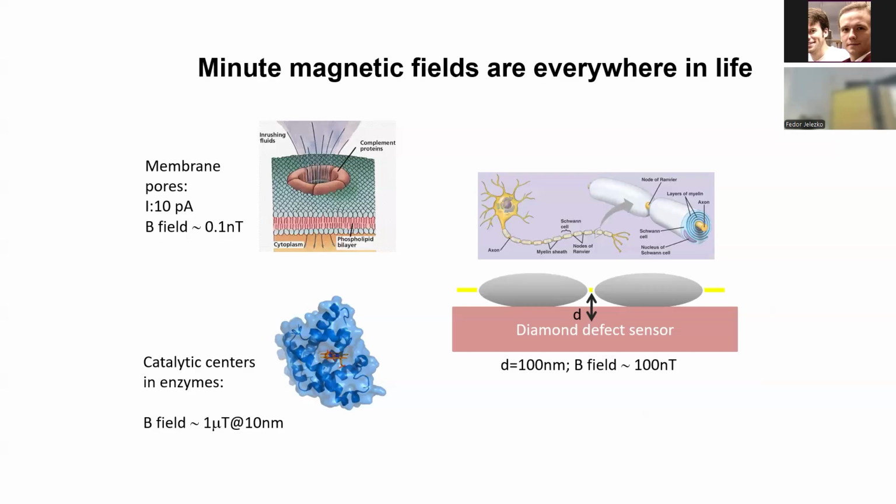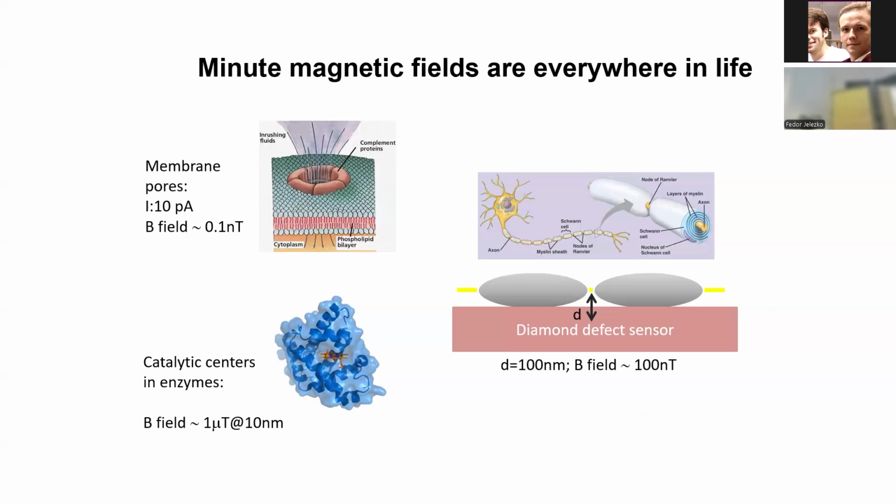In a very initial optimistic estimate by the Lloyd-Hollenberg group, when a neuron fires, there is an action potential and current associated with this, and at 100 nanometers distance they estimated a field of about 100 nanotesla. More recent estimations, but also measurements, show that the B fields are much smaller, on the order of hundreds of picotesla, but still within a range where NV centers can provide enough sensitivity to capture the dynamics.